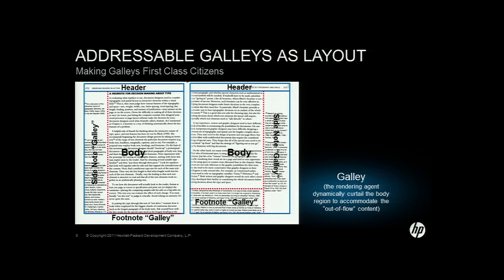But again, if I automate this with the Galley model, then I will have these elements within those regions be a galley. And as you can see, the body on the left has a galley which is reduced to 0 because no footnotes happen to appear in that particular part of the document.